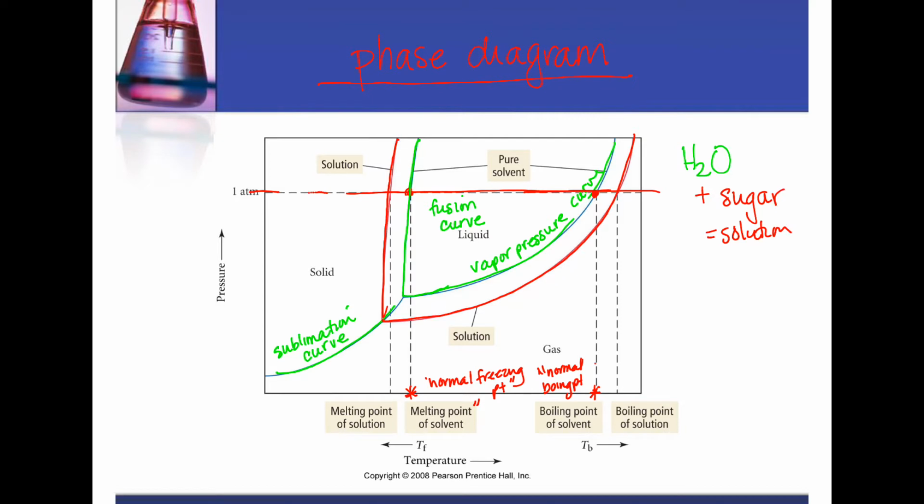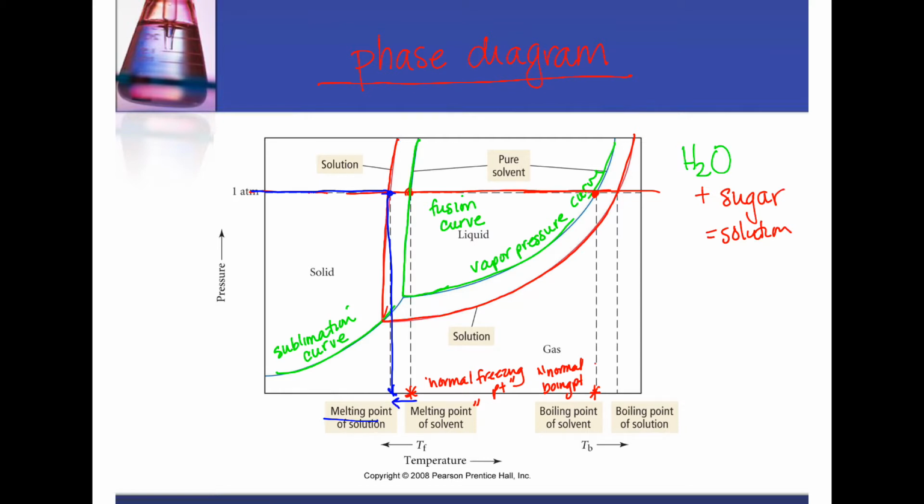So if we look at where that 1 atmosphere line hits, if we hit the solution vapor pressure curve and we go down, you can see that the melting point and the freezing point got lower.